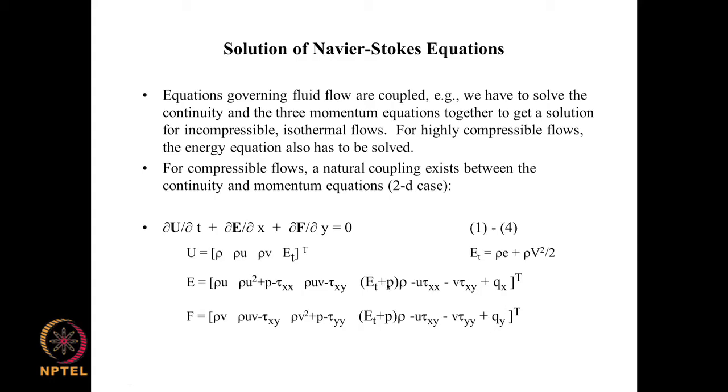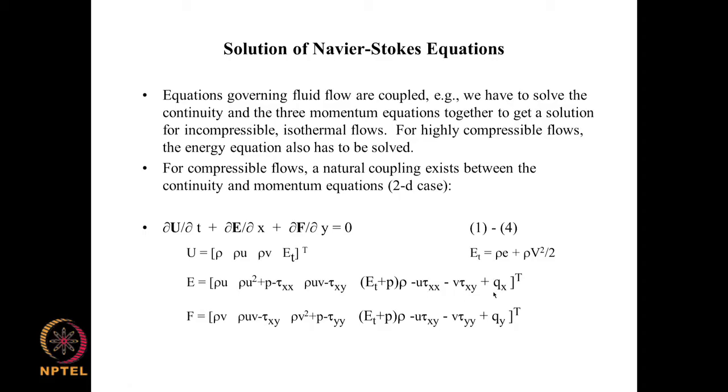All the terms come together in the form of the energy balance equation. For simplicity we have written these as taus, but these taus are given by the Newtonian fluid approximation, that is τij equals μ times (∂ui/∂xj plus ∂uj/∂xi) plus λ times ∂uk/∂xk. It is the same definition that is there for the tau here.